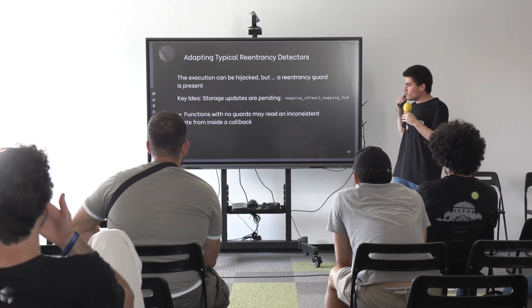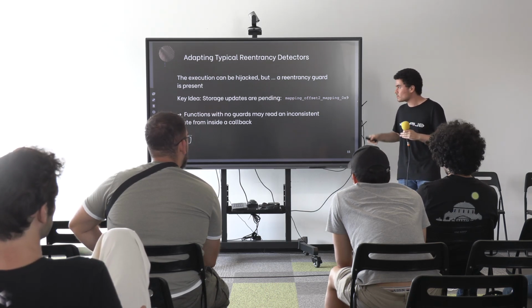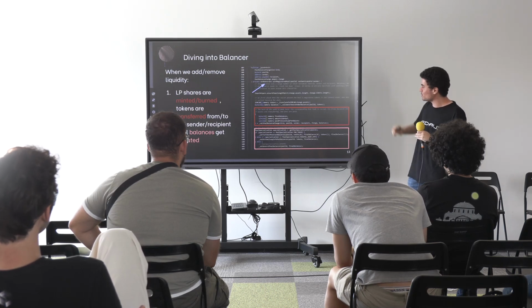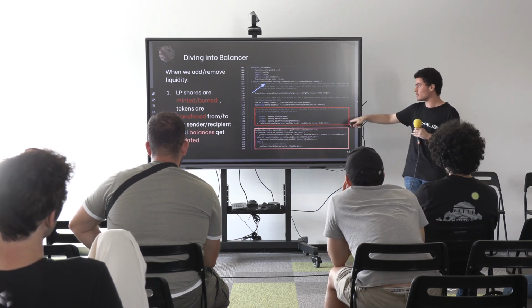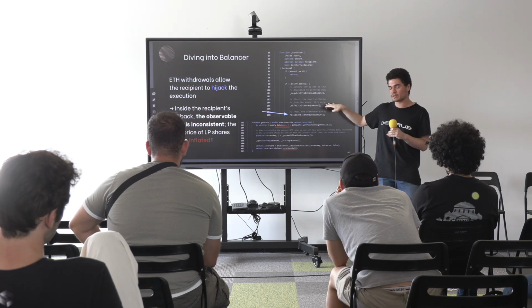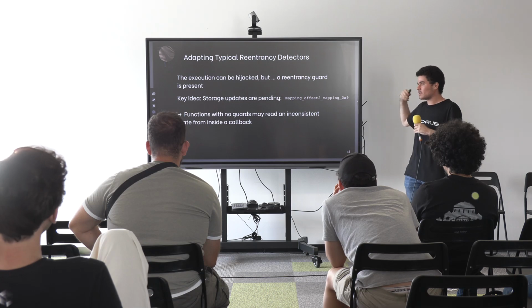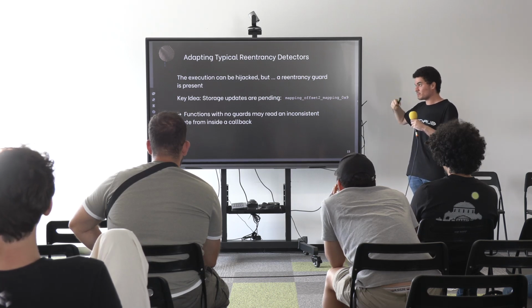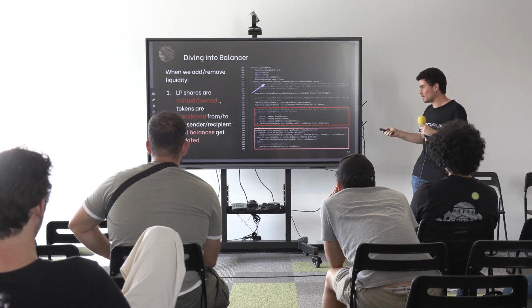So, why is this interesting from a static analysis point of view? A reentrancy guard is being used, even though the execution clearly is hijacked in the red box when we reach a native transfer. But what prevents us from flagging every view-only reentrancy in this world?